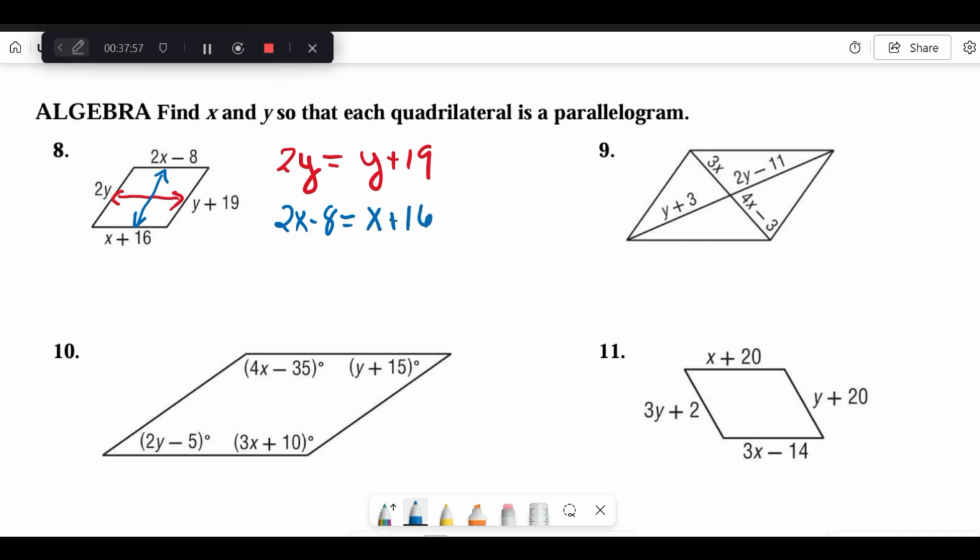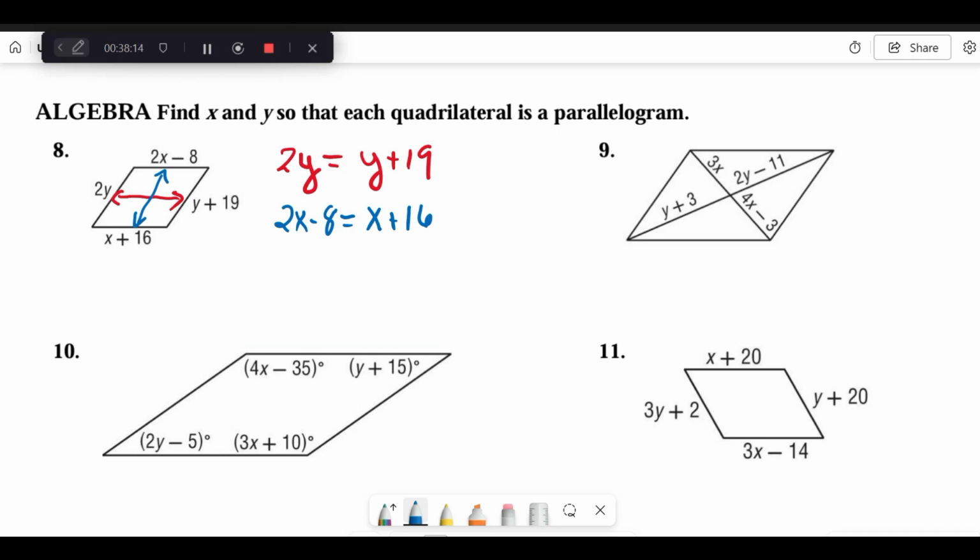So then what you would do is you would solve for x and you would solve for y. And when you get an actual value for x and a value for y that makes these true, once you've solved them, well then that would be your answer. That would make them equal.